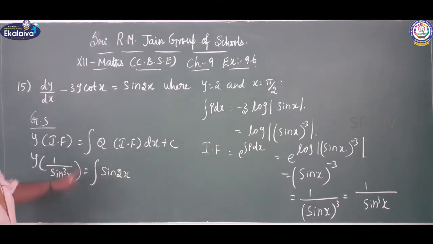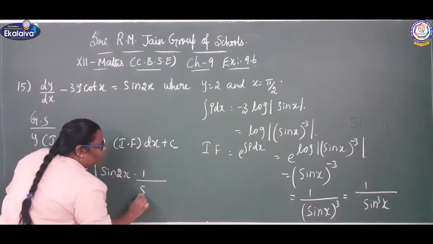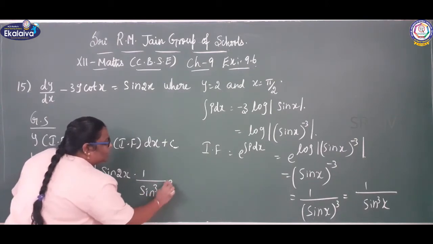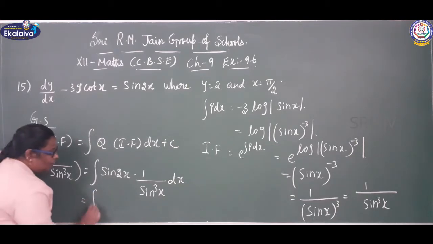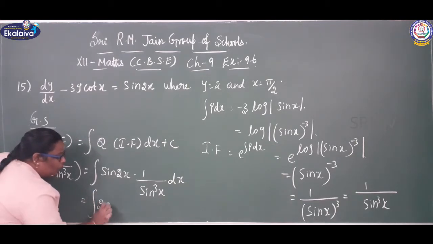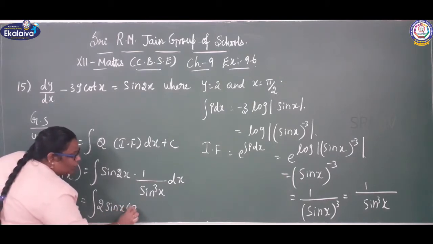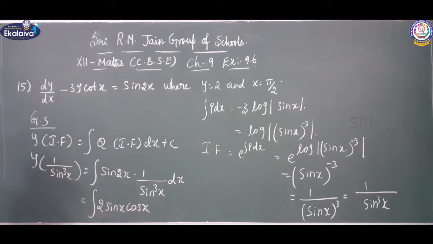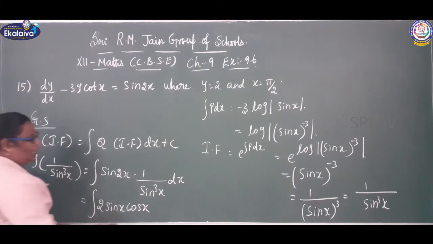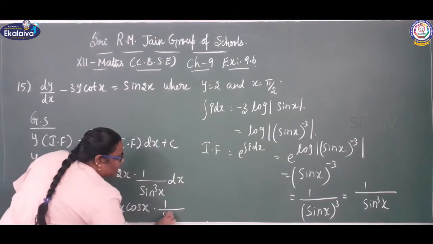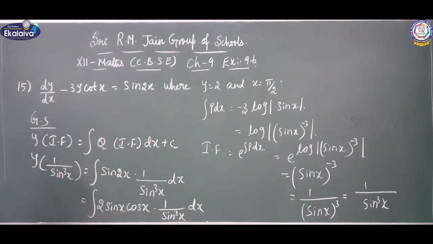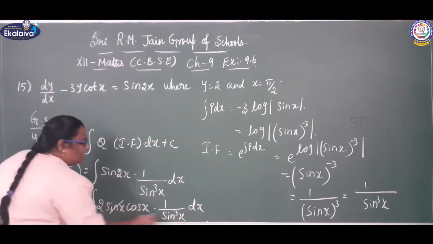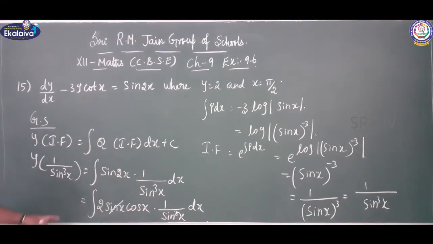Q is sine 2x, into integrating factor 1 by sine cube x into dx. You know the trigonometric formula? Sine 2x is what? 2 sine x cos x. So sine 2x is 2 sine x cos x into 1 by sine cube x into dx. Sin x gets cancelled. So what is the result?